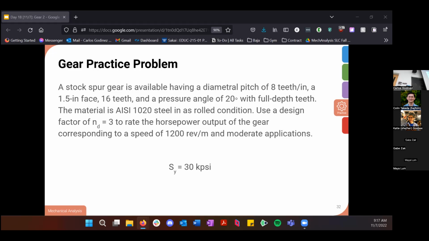So, sorry. Inches, there's 39.37. Okay. Second, we're going to represent it in radians per second. Where is inches and radians?